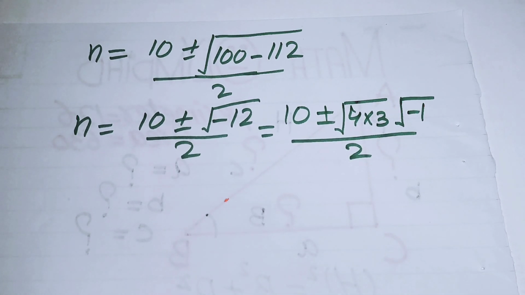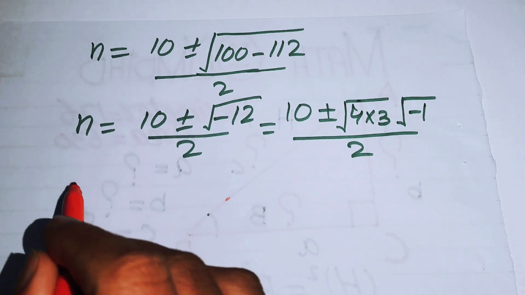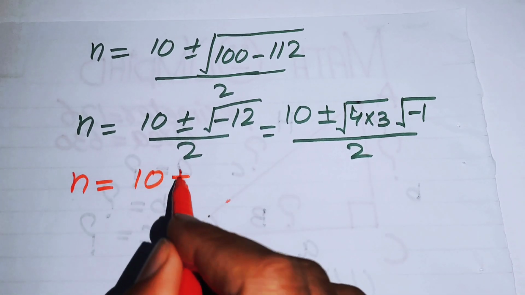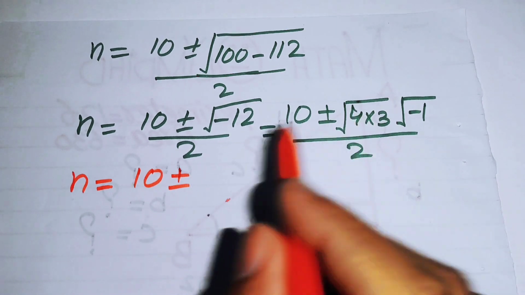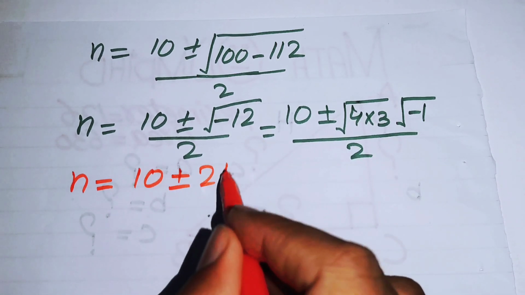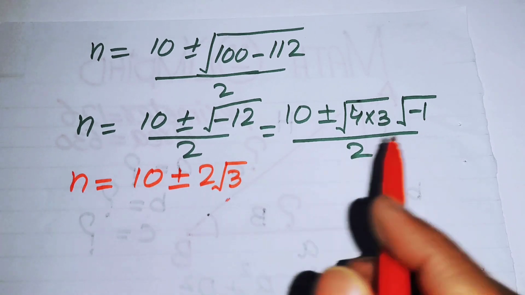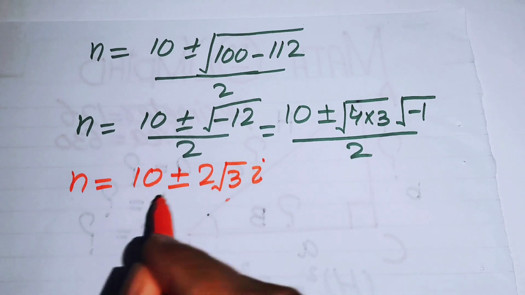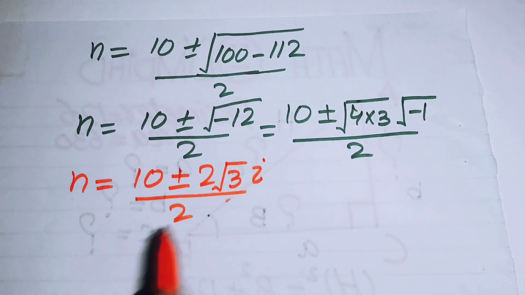And in the next step you will see we have n equals 10 plus or minus the square root of 4 equals 2 times the square root of 3, and you know that the square root of minus 1 equals iota, and this whole over 2.